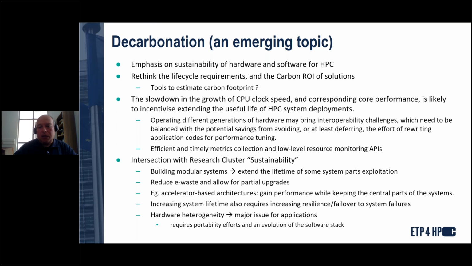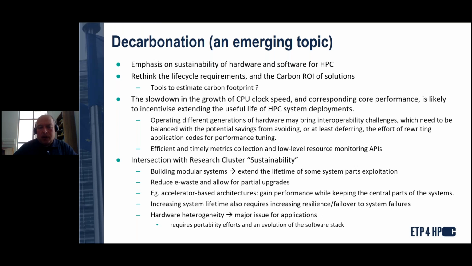Increasing the system lifetime also increases the pressure for resilience and failover mechanisms to be in place so that users can experience fewer interruptions when they run their workflows on top of this infrastructure.